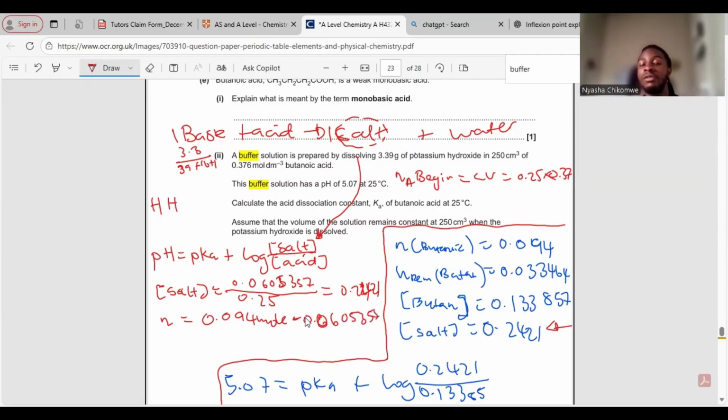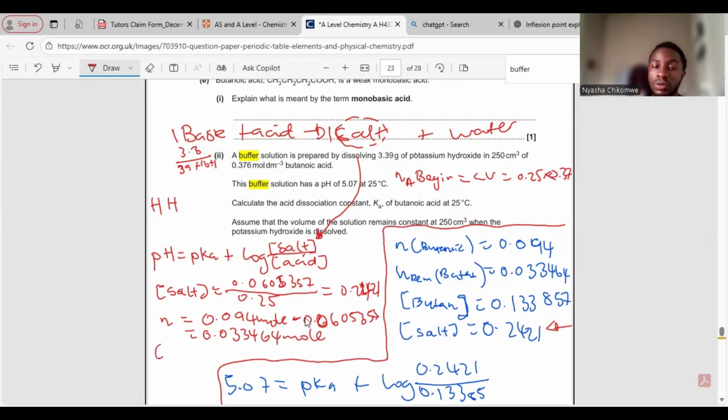So now I have the remaining number of moles of the acid. When you do the subtraction, you get 0.033464. So these are the number of moles of the acid which are remaining.